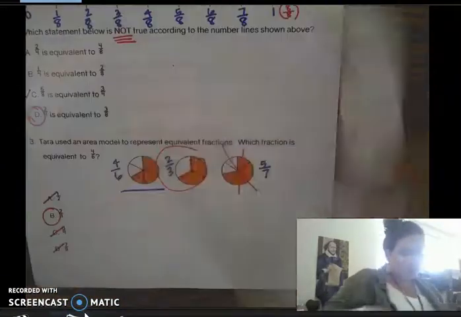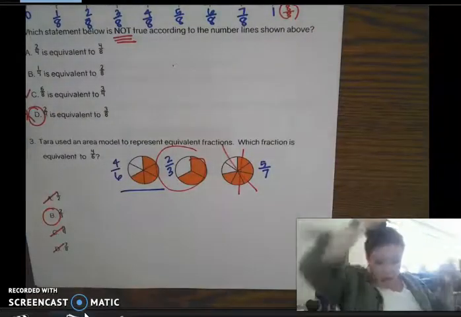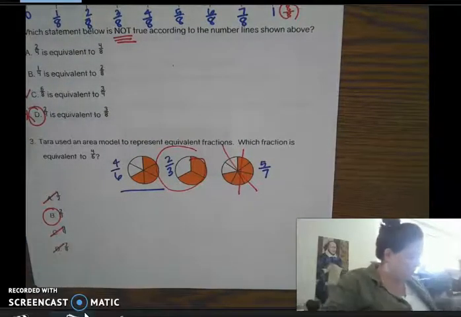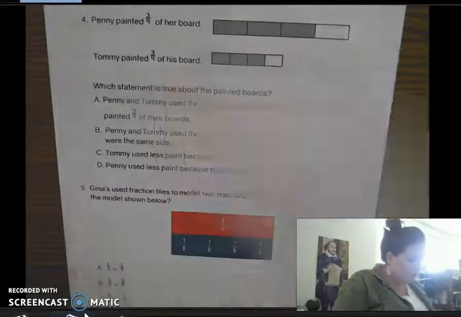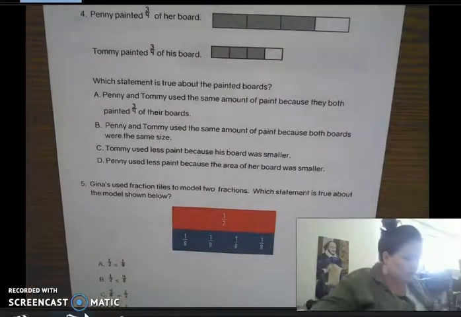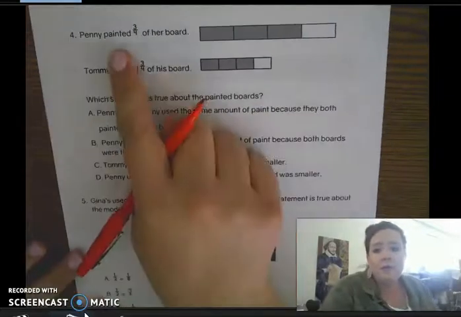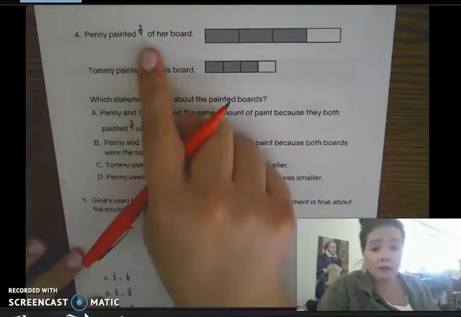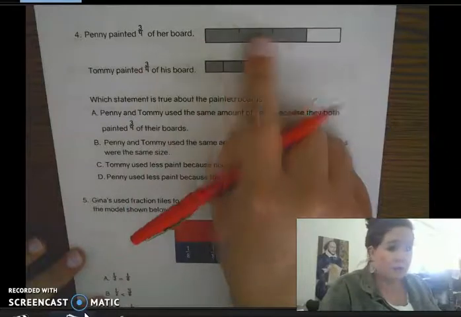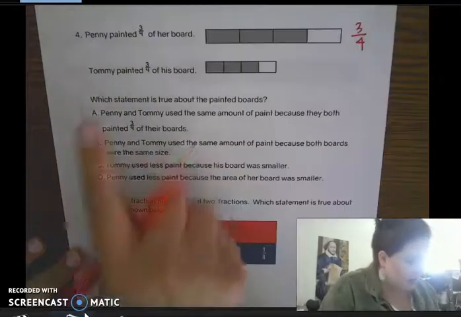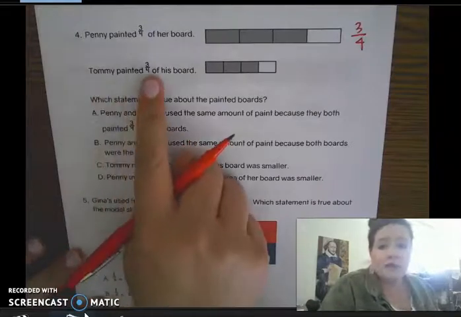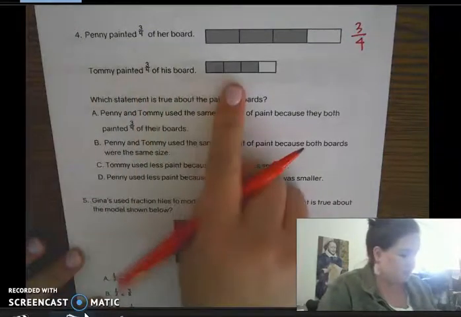Okay? Let's do one more question. All right, number 4. Penny painted 3/4 of her board. Here is 3/4 of her board being painted. Okay? Tommy painted 3/4 of his board.